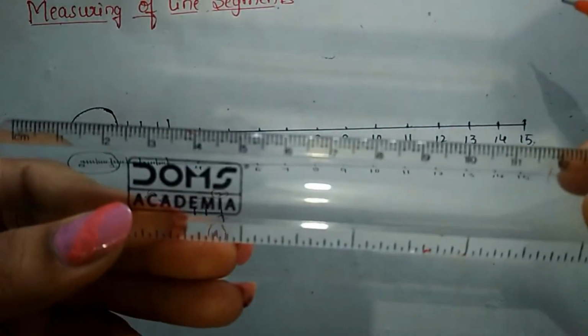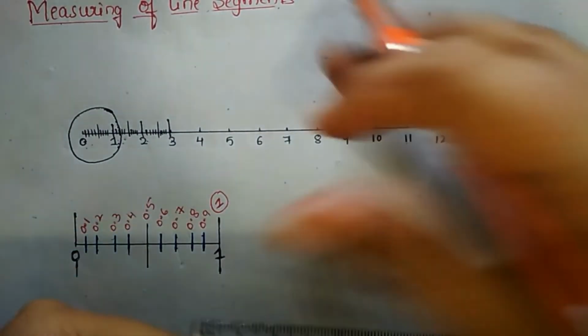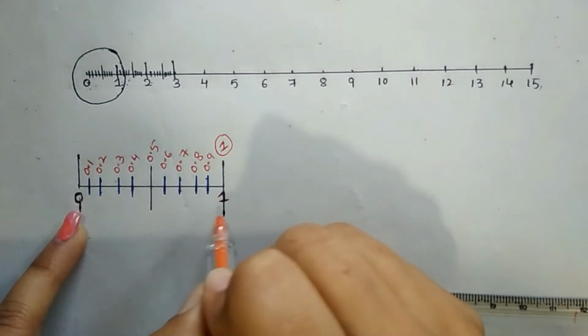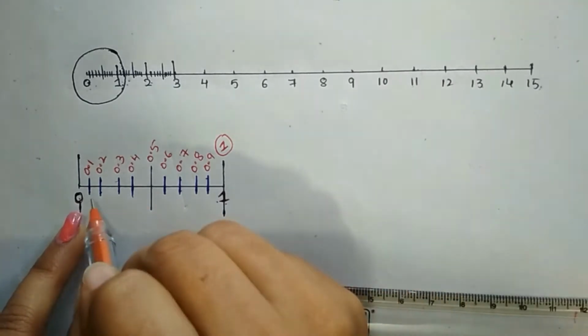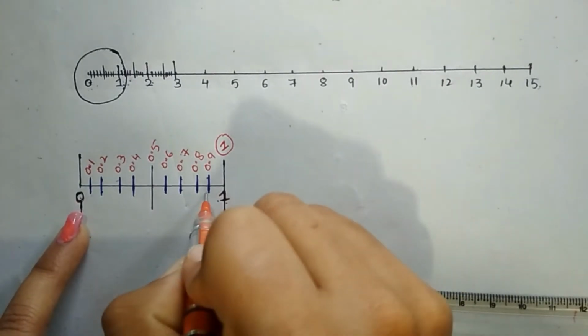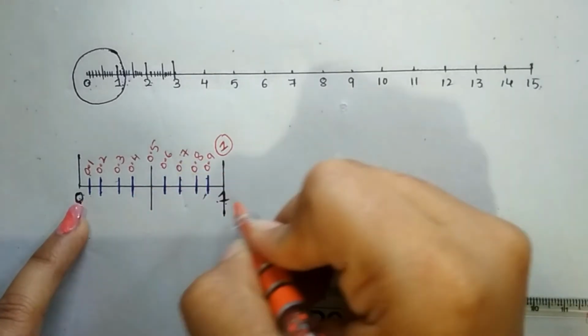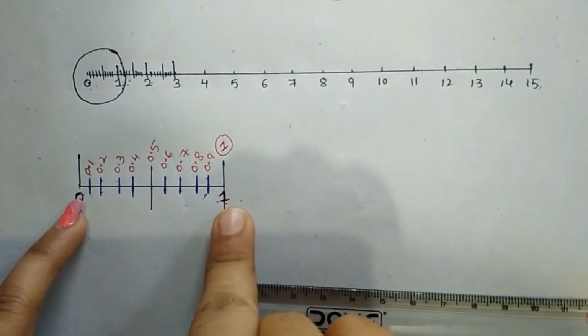So I can show you by zooming like this. Okay, 0 and 1. In between these there are again 10 equal parts. You can see it very clearly.